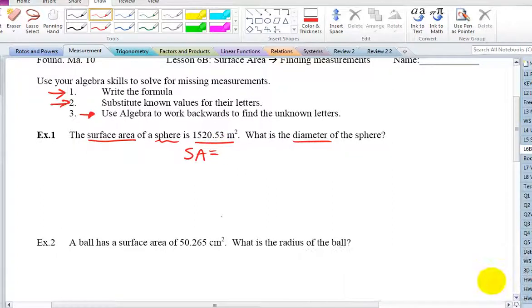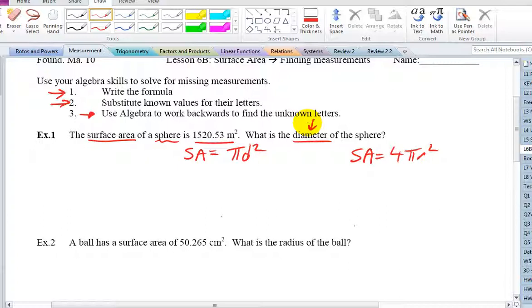Let's have a look. Who's got it? Tenji, what's the formula? Oh, I thought it was 4 pi r squared. It's both. Why did she choose pi d squared? Yeah, good. I'm glad you can read, because it says diameter.